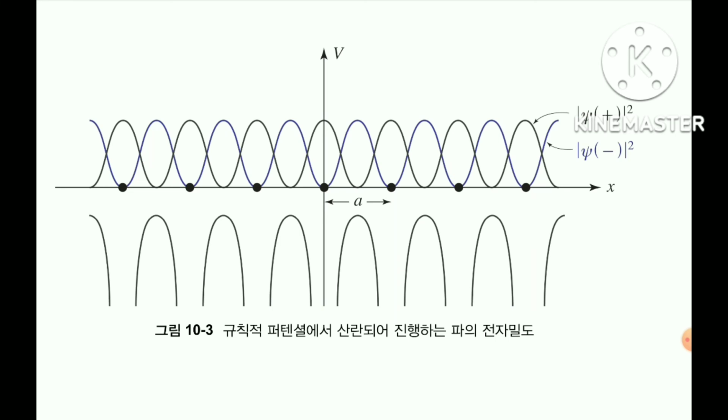Let's suppose that the wave function psi plus is a right traveling wave, and psi minus is a wave traveling to the left side. Then the amplitude of the traveling wave is the scale of the wave function, and the right traveling wave and left traveling wave can interfere with each other.